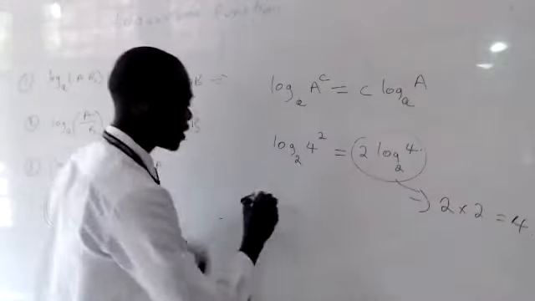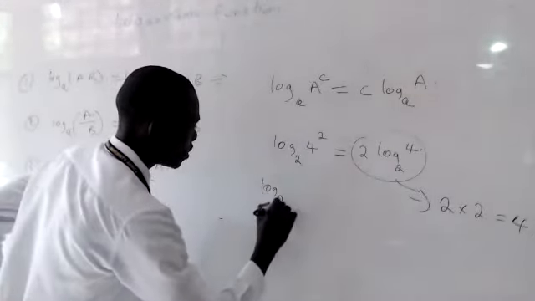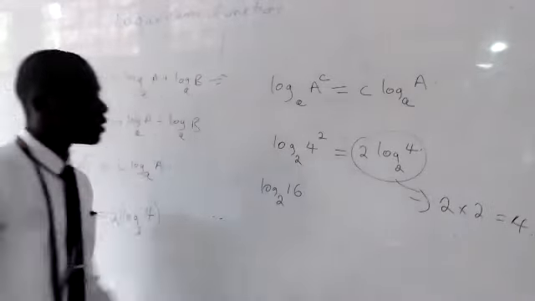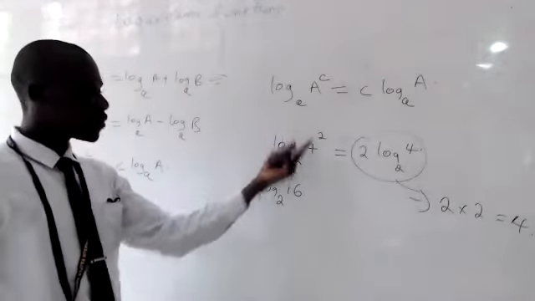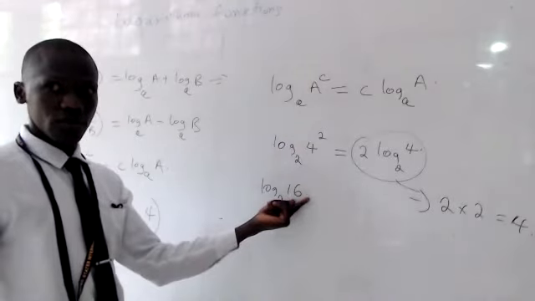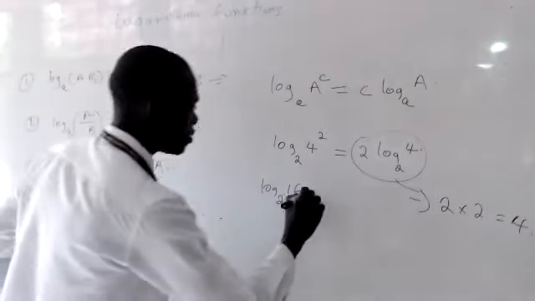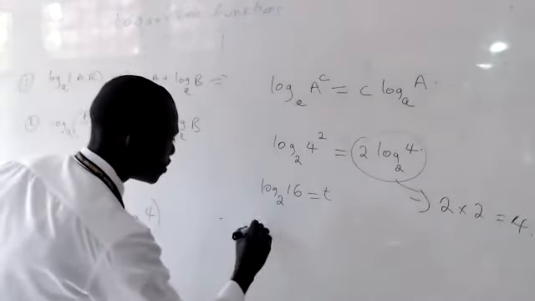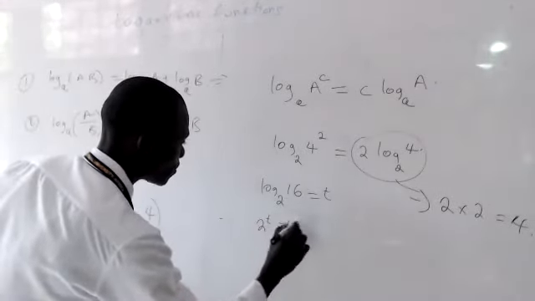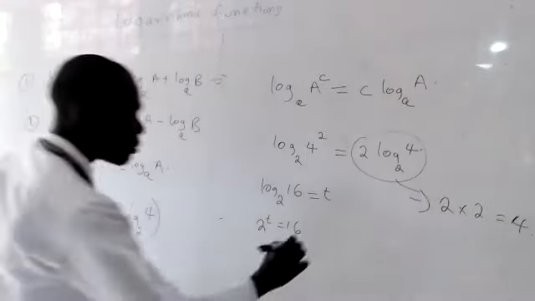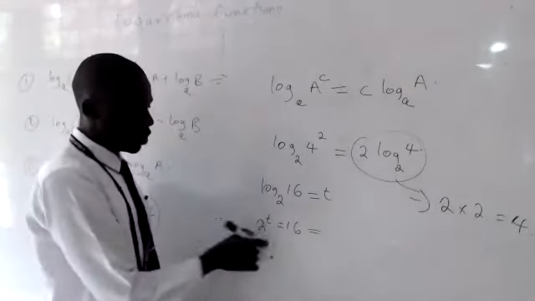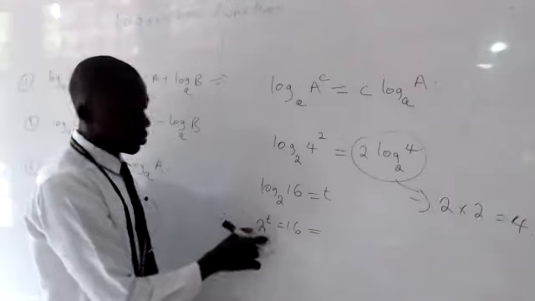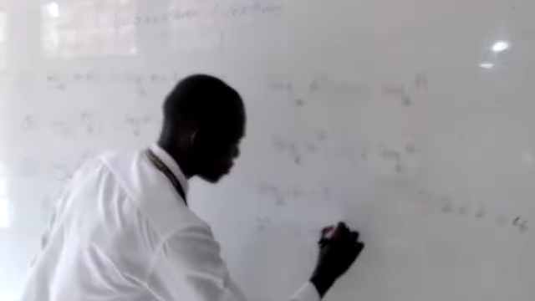Now on the left-hand side, we want to compute log to the base 2 of 16. 4 squared is 4 times 4, which is 16. Let this be some number, let's say t. Then change this to index form. It means 2 raised to t is 16. But you can write 16 with a base of 2. It should be 2 raised to 4.